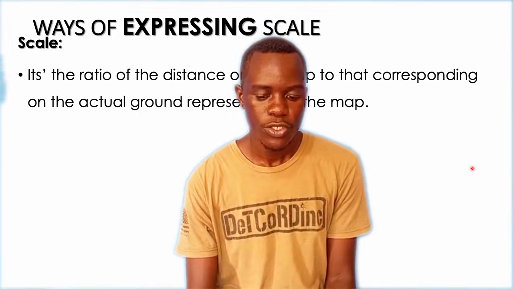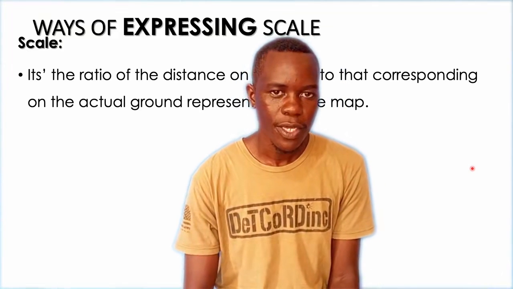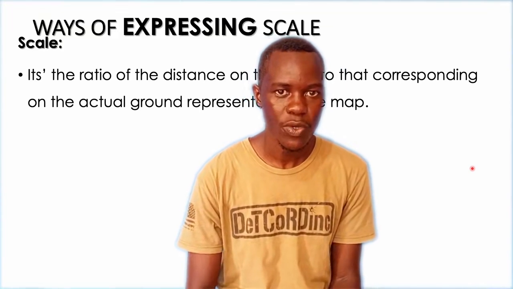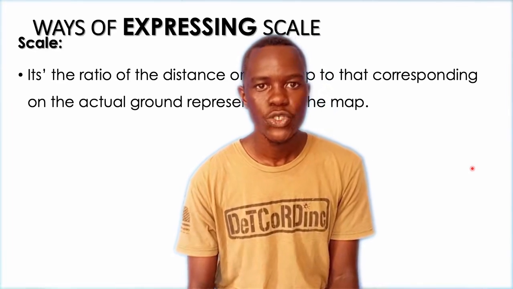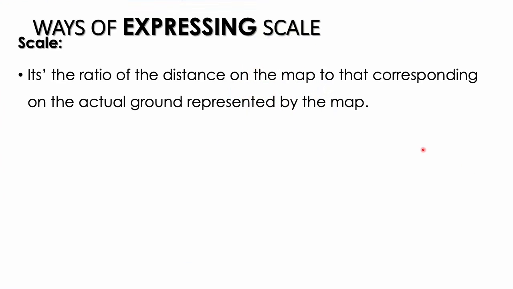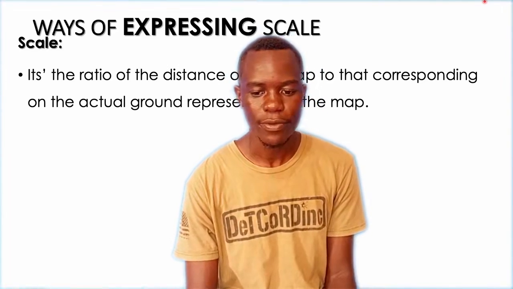So you have your map, and on the map you have the scale, and that map is always drawn to a scale. The scale the map is drawn to will always correspond to that on the actual ground. So we need to see the ways of how the map is drawn to a scale.